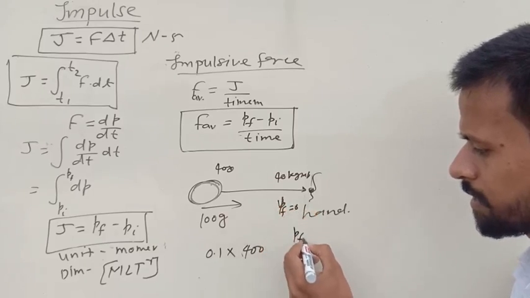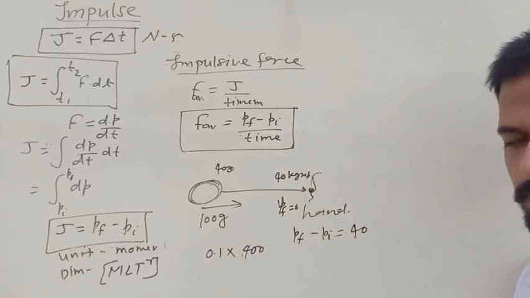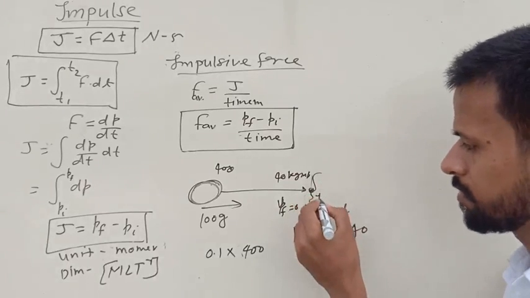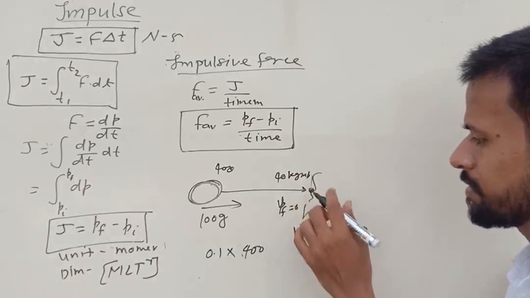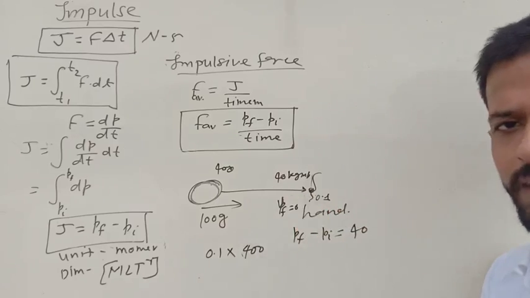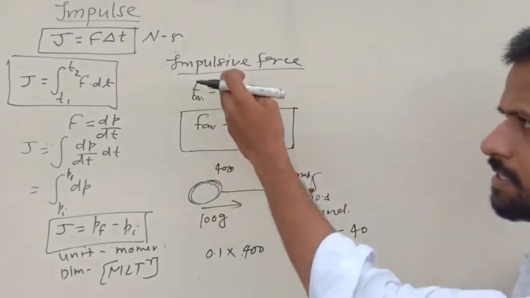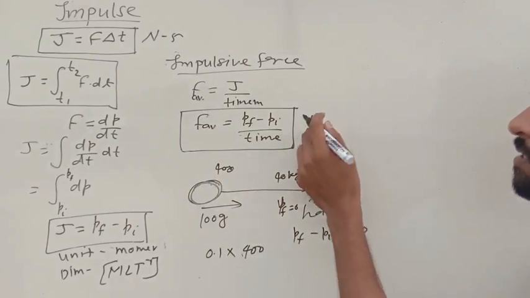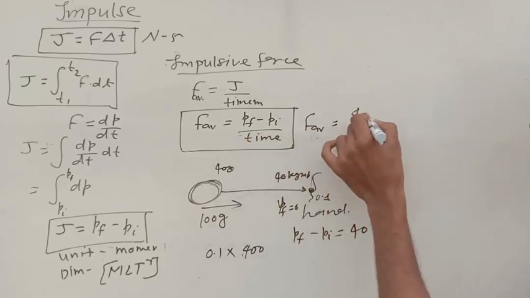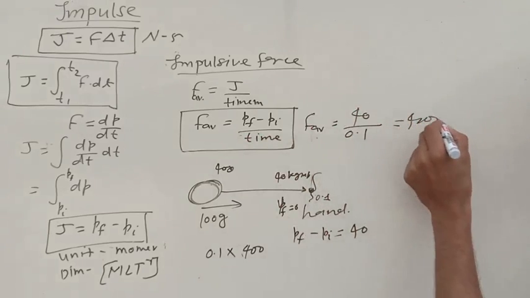Then how much is the momentum changed? That is 4. For a short time, suppose the time interval is 0.1 second. In 0.1 second, the momentum of this ball becomes 0, and the change in momentum is 4. Then how much is the impulsive force? Change in momentum upon 0.1, that is 40 Newton.